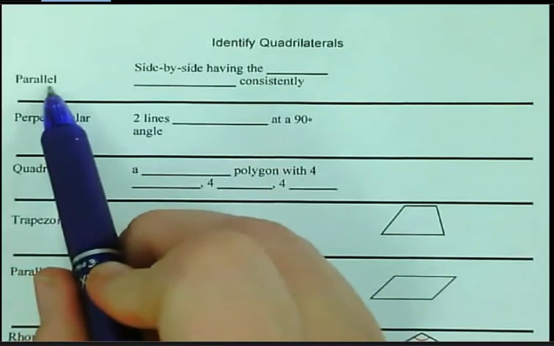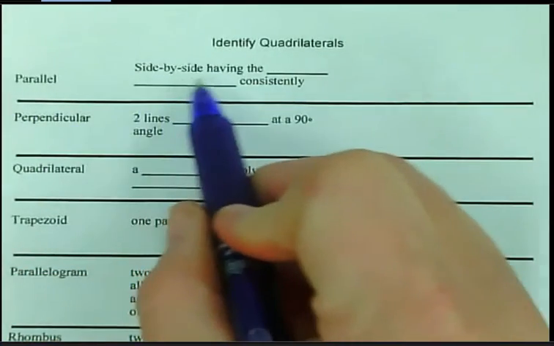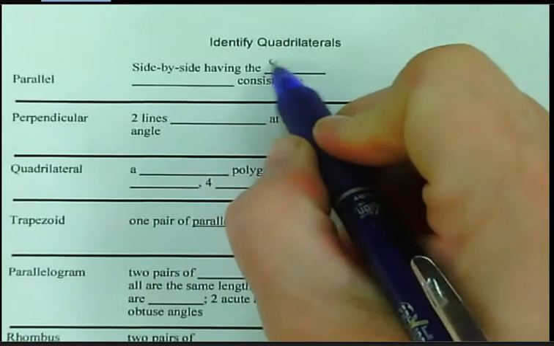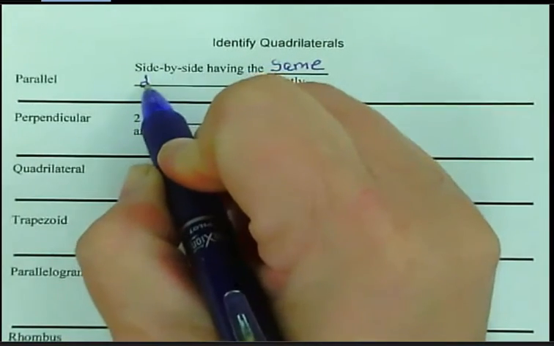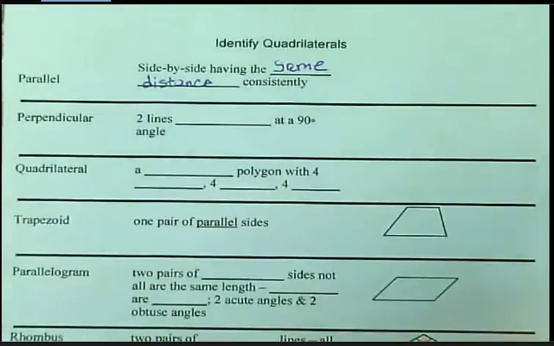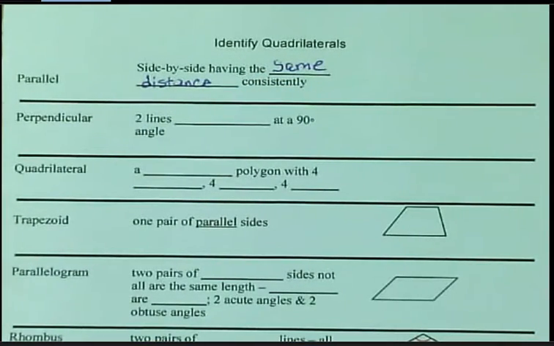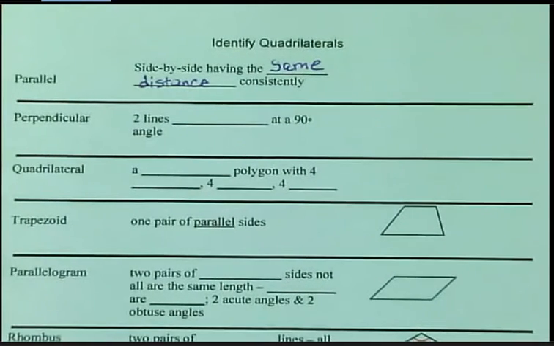The first word is parallel. Parallel. That means side by side, having the same distance consistently. All right? And actually there's a symbol that math people use for parallel, and it's two parallel lines.